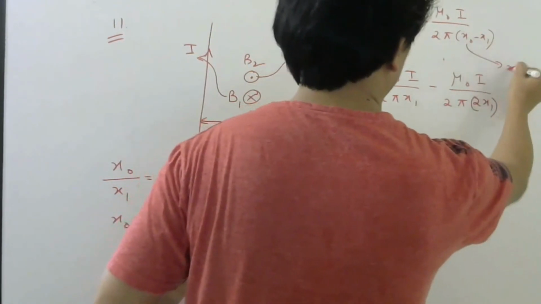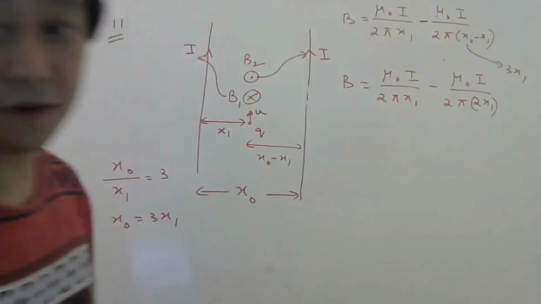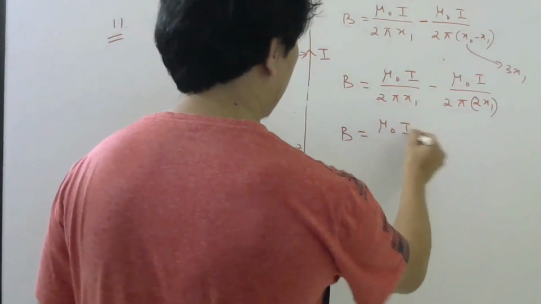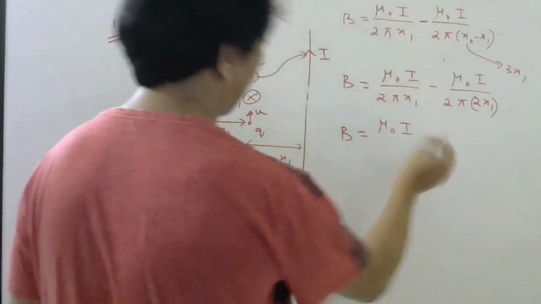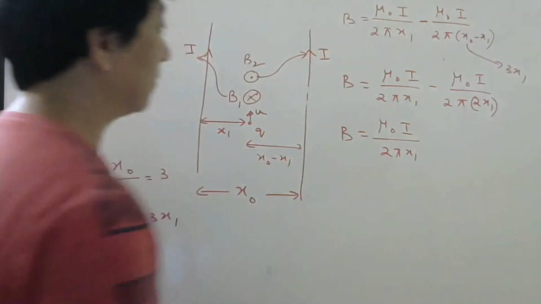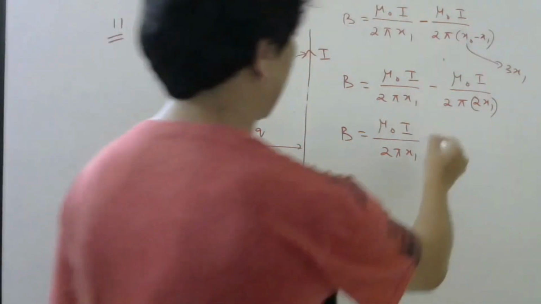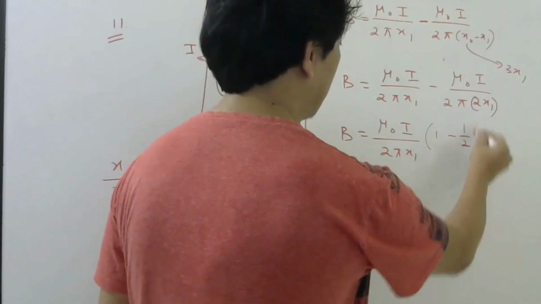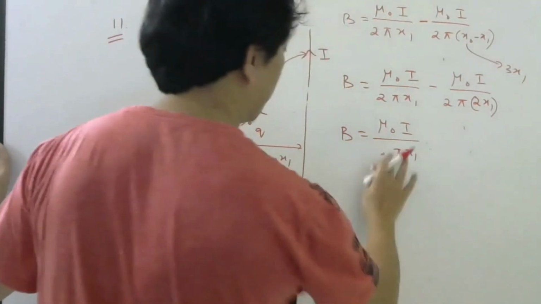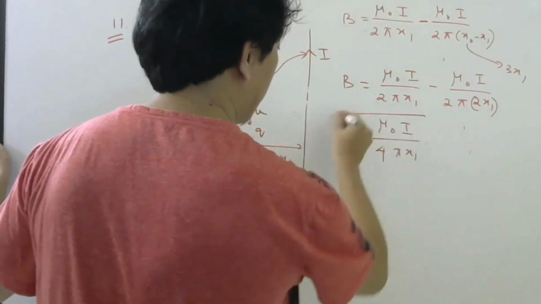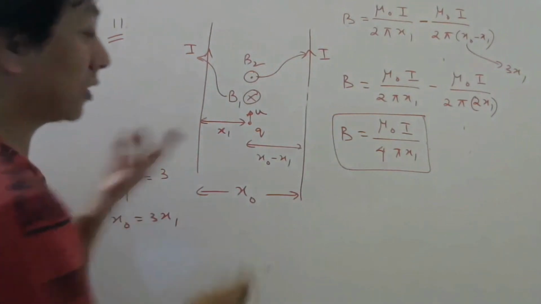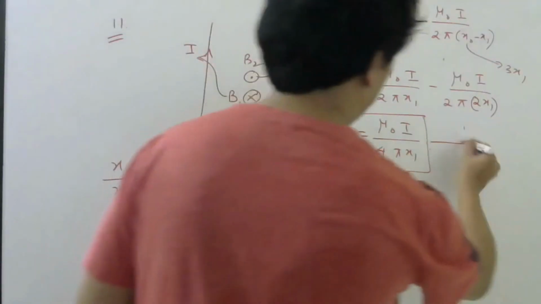So the magnetic field will be mu naught I by 2 pi x1 common, times 1 minus half, which will be half. So mu naught I by 4 pi x1 is the magnetic field right now. Let us call this equation 1.